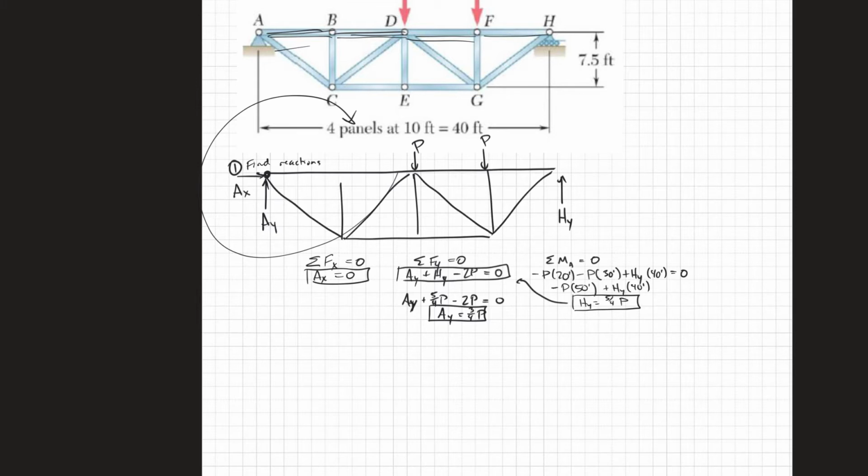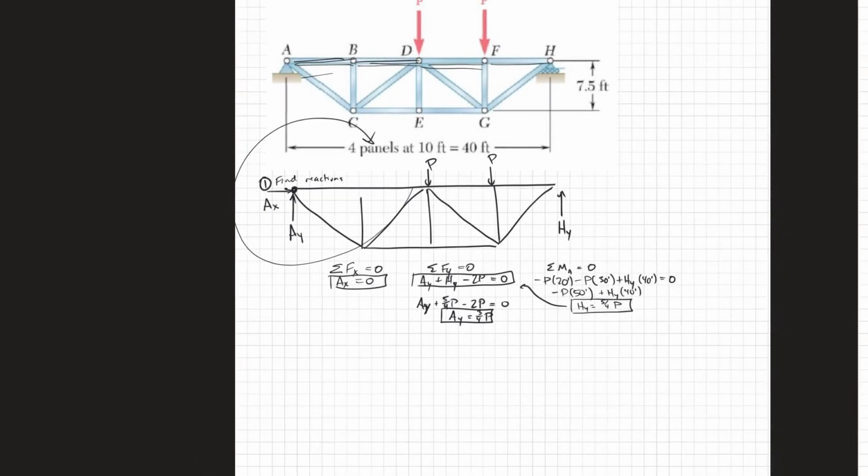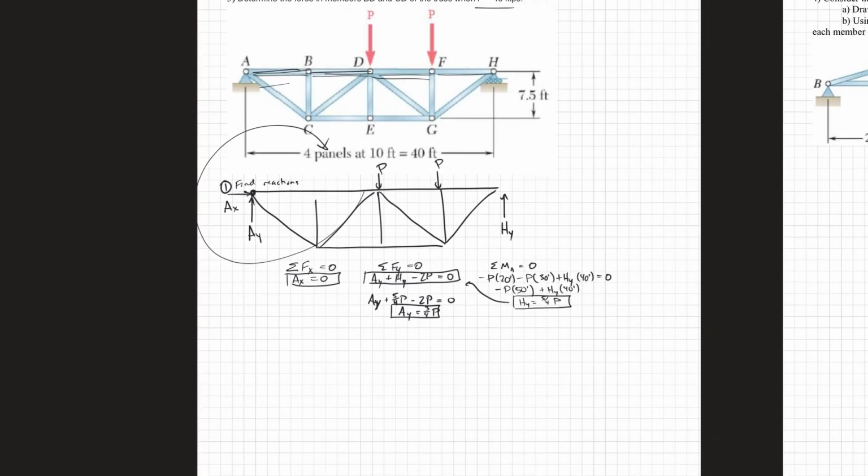Okay, so let's see here. Now we want to start looking at the truss itself. I don't think it's going to matter, but before I start working on the truss, I want to find some zero force members. Do we have any of those? It's always a good idea because it could just make your life easier. And I want to note that there is one.